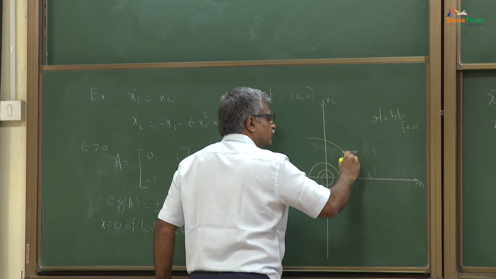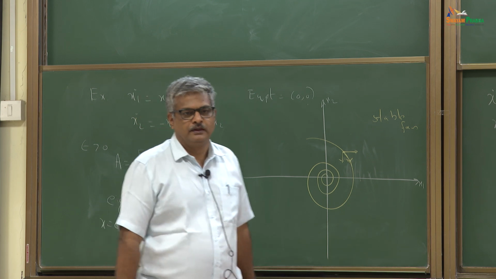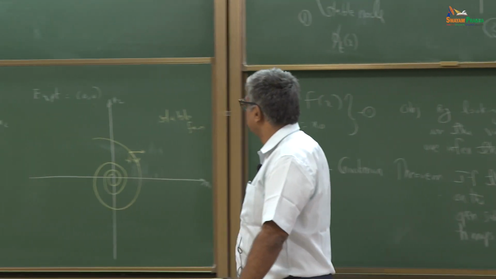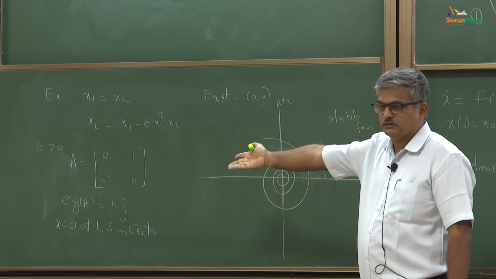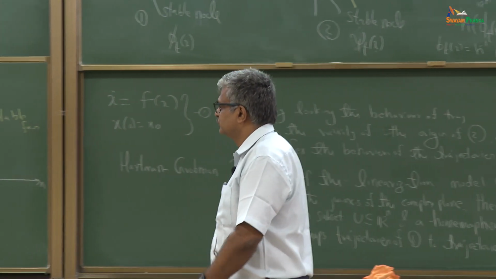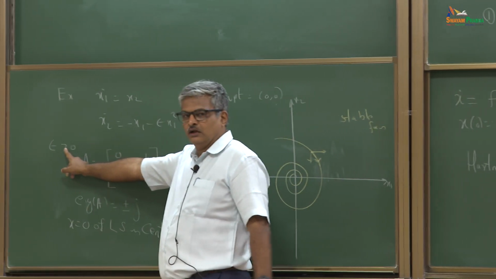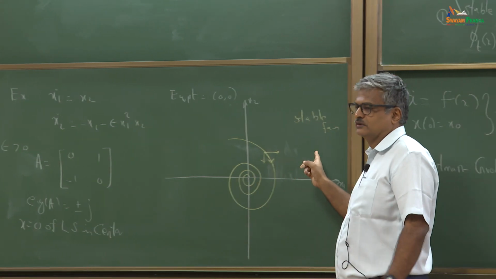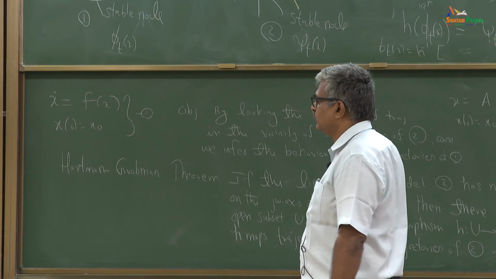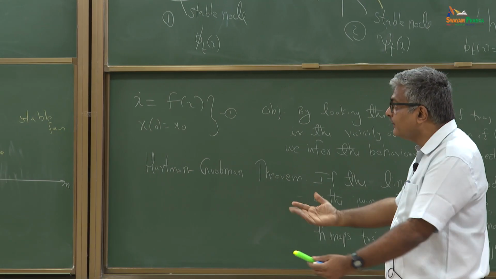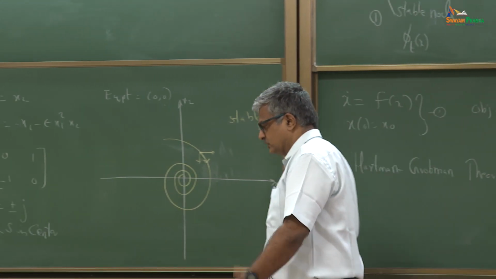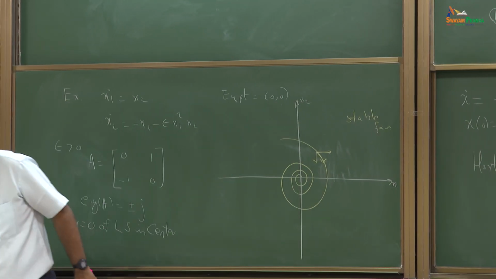So the resultant is this, and your sense of direction is this. So it will spiral to the origin. So it is a stable focus, which is not what you got from linearization. If you swap the sign of epsilon, you will get an unstable focus. So these examples tell you how the information obtained by linearization fails when you have eigenvalues on the j omega axis.